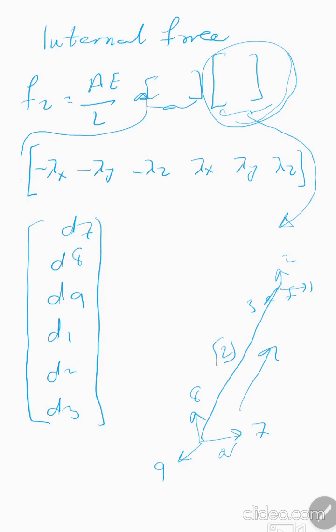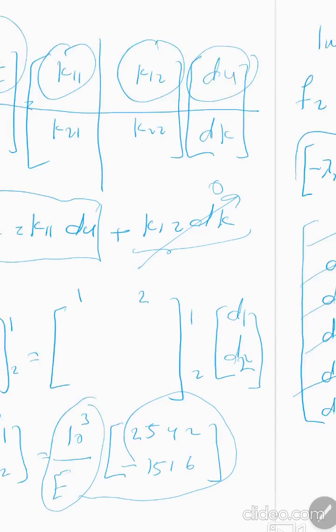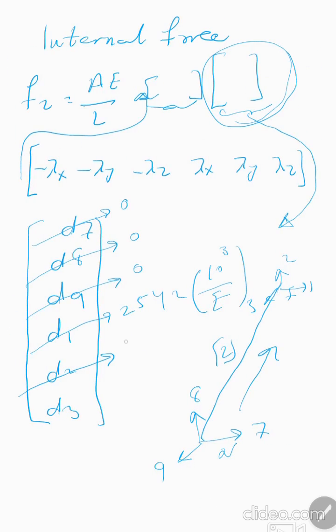So in our example, D7 is 0, D8 is 0, D9 is 0, D1, the value we got, is 2542 times 10 to the power 3 over E. And here the value of D2 is minus 1516 times 10 to the power 3 over E, and D3 is 0.